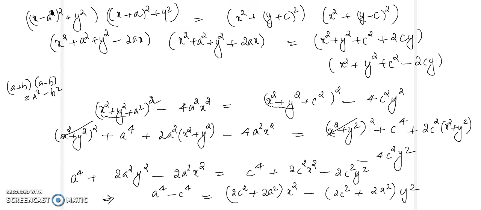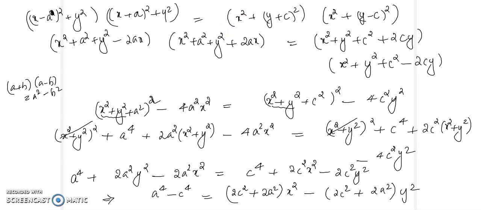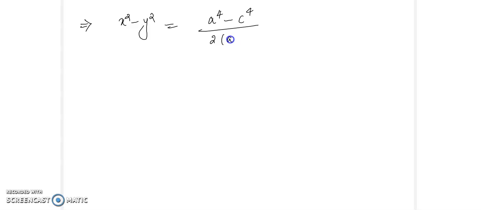So that will give x square minus y square equal to a raised to 4 minus c raised to 4 by 2 times (a square plus c square). So that implies x square minus y square equal to, a square plus c square cancels out, so you will have (a square minus c square) by 2.